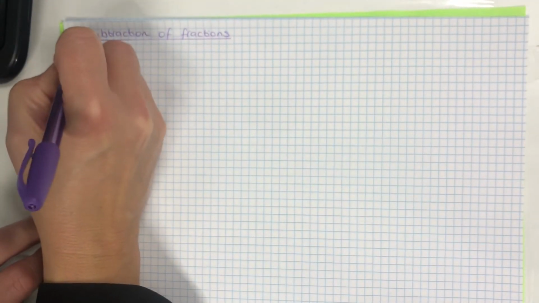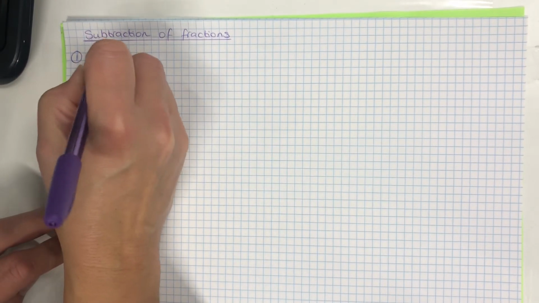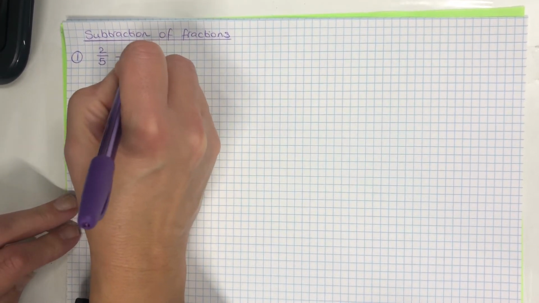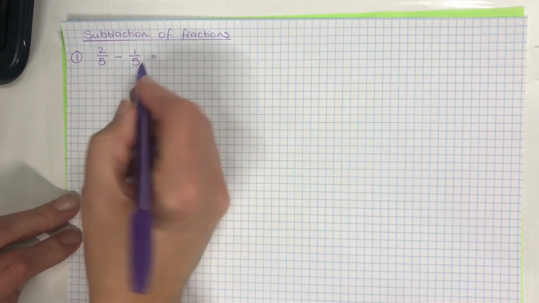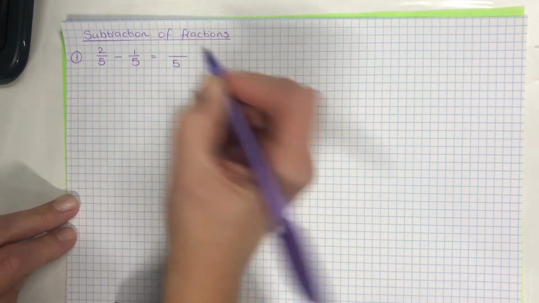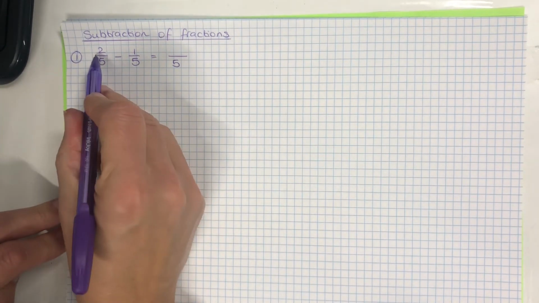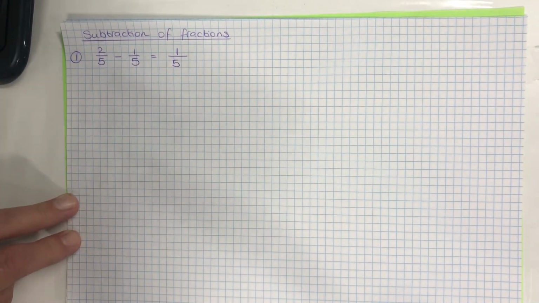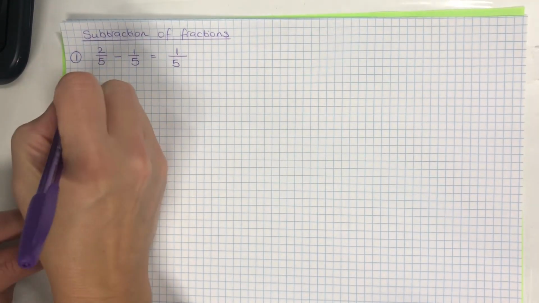Okay, my first question, I've got 2 fifths and I'm subtracting 1 fifth. Okay, I keep my denominator the same, and 2 subtract 1 gives me 1. Okay, question 2.